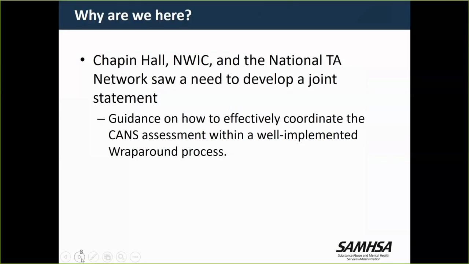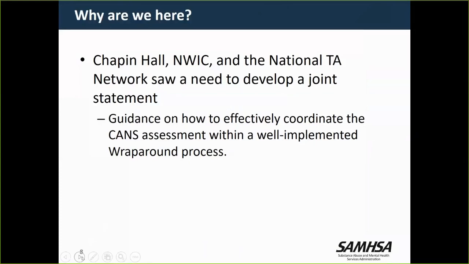So it was not a hard decision for us to decide to come together and work through the nuances that are organized in the paper that's basically being presented today, effectively integrating the CANS into the wraparound process.